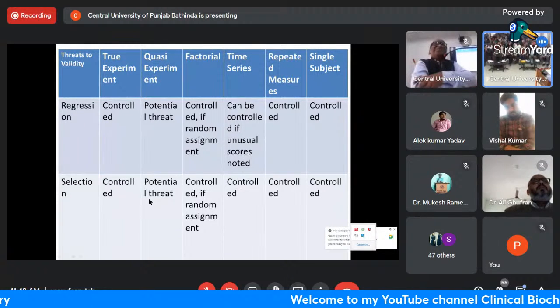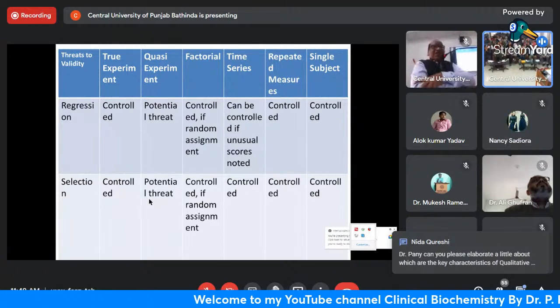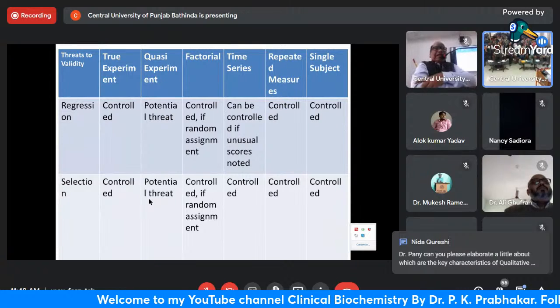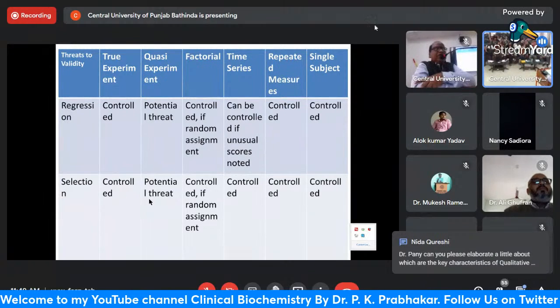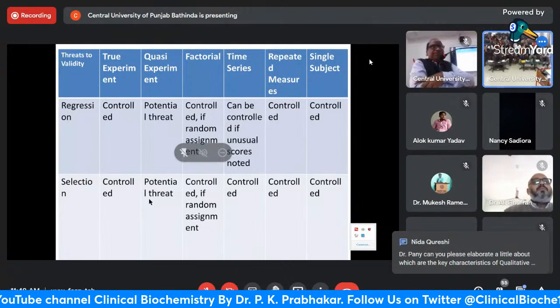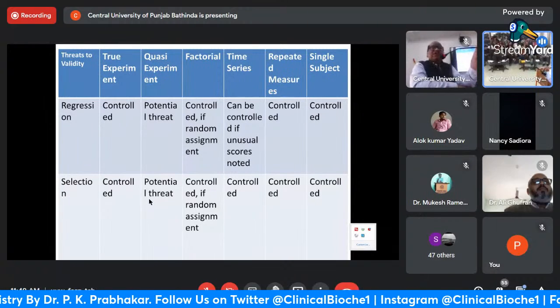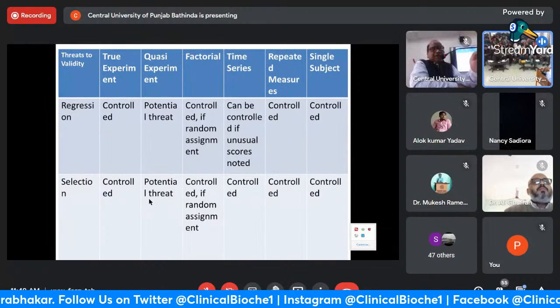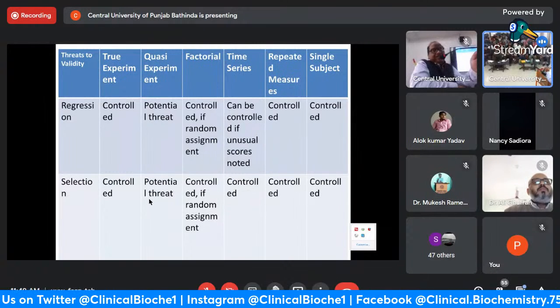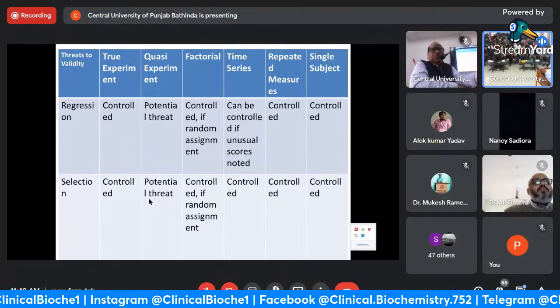Sir, could you please tell the name of the book you mentioned? Creswell, research methodology. John W. Creswell. Spelled C-R-E-S-W-E-L-L. John W. Creswell.